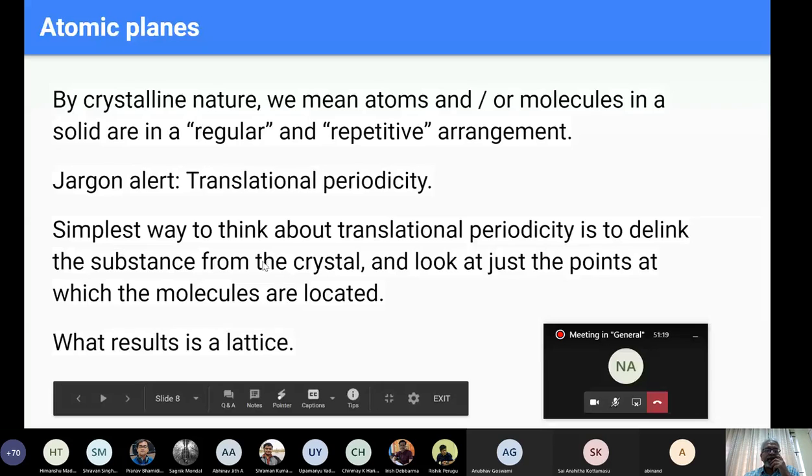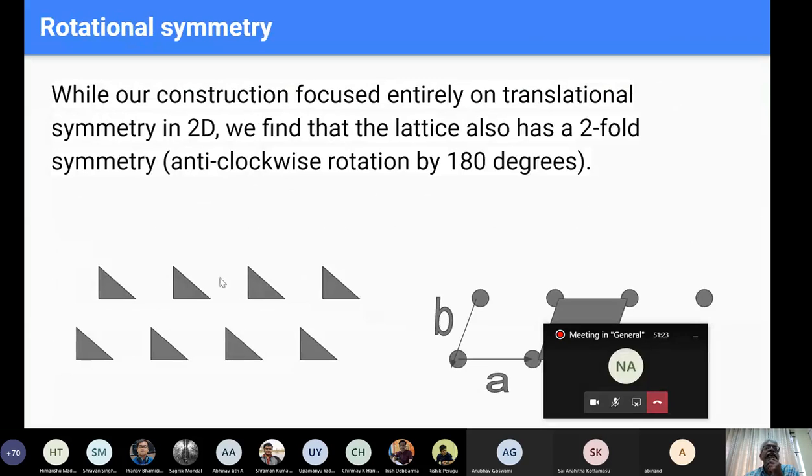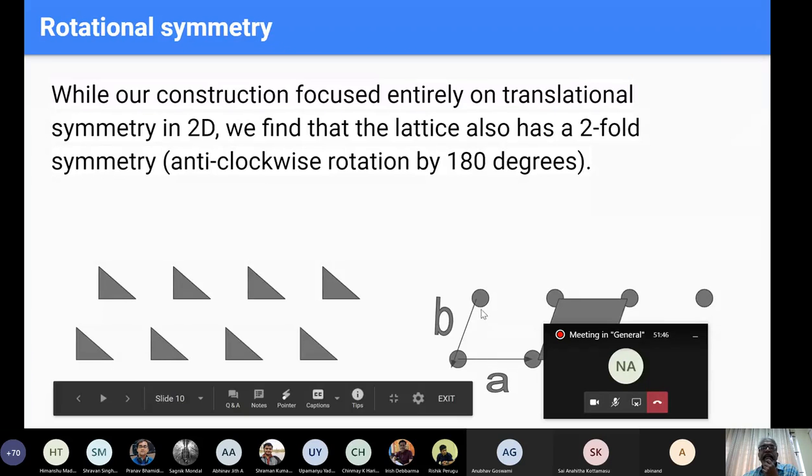Okay, so these little triangles are my cartoon version of molecules that are sitting at regular spacings in 2 dimensions. If you replace all these and only look at where they are present, what you get is depicted in cartoon form on the right.